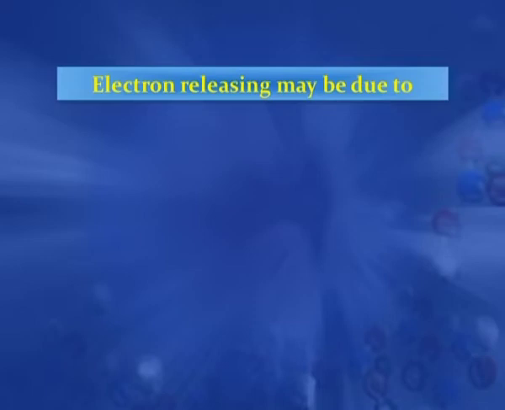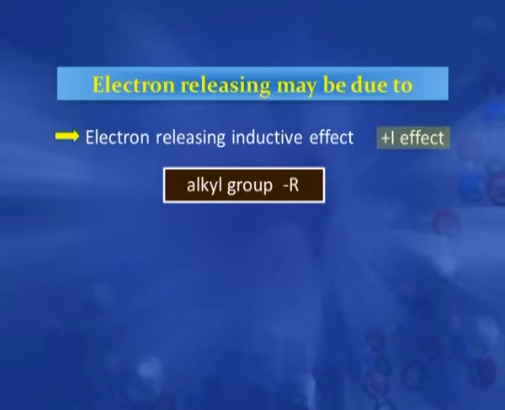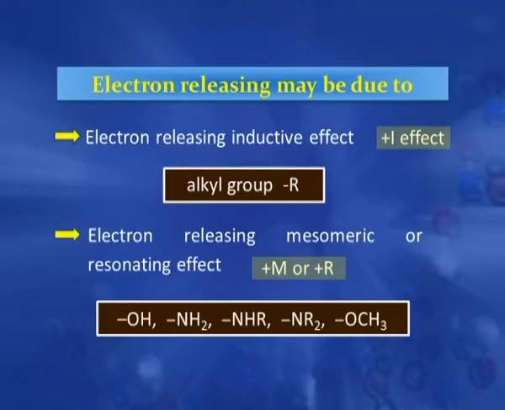Now, this electron release by these groups may be due to two effects. The electron releasing effect can be inductive, that is a plus I effect, for example alkyl groups. Or this electron release can be due to the mesomeric or resonating effect, that is plus M or plus R effect, for example OH, because all these groups have lone pairs of electrons available which can be donated to the benzene ring.